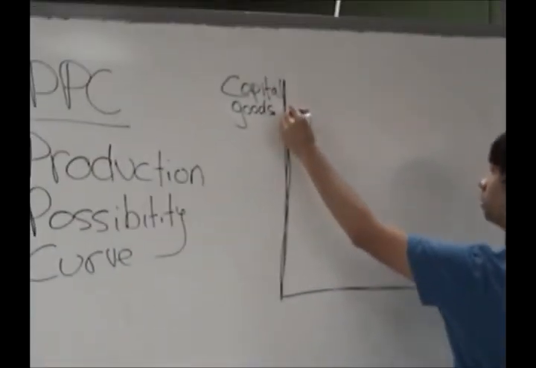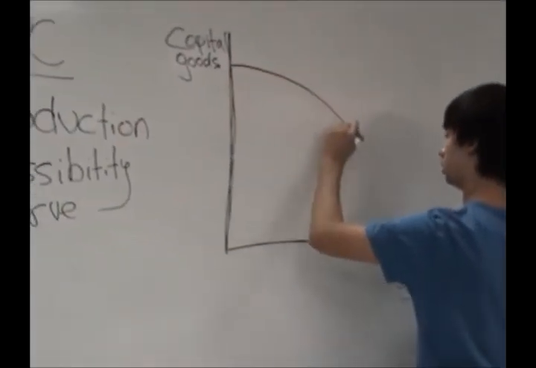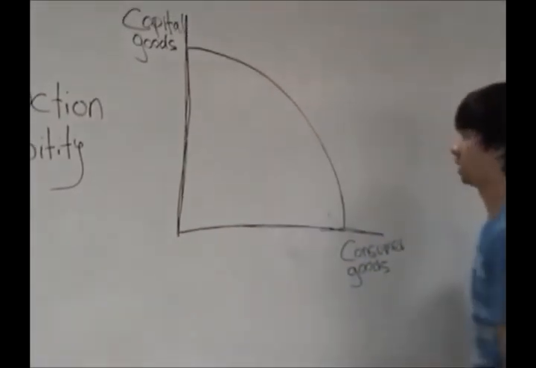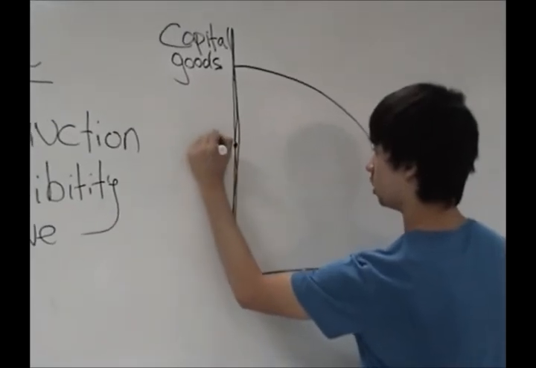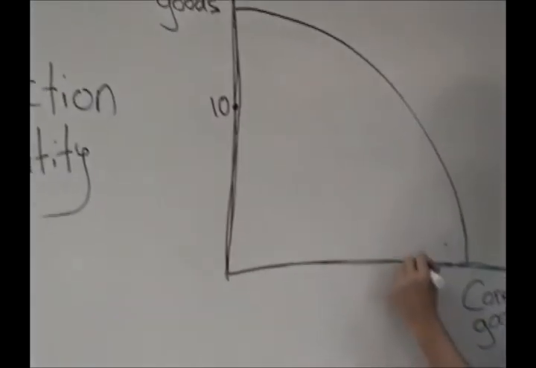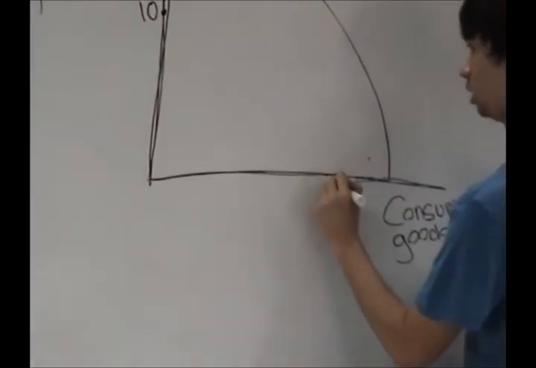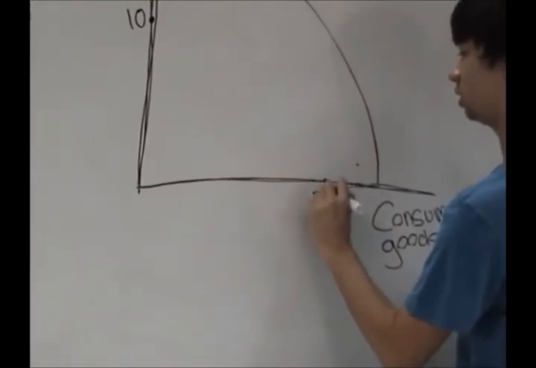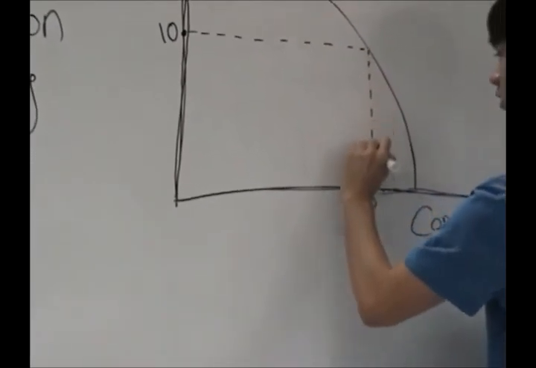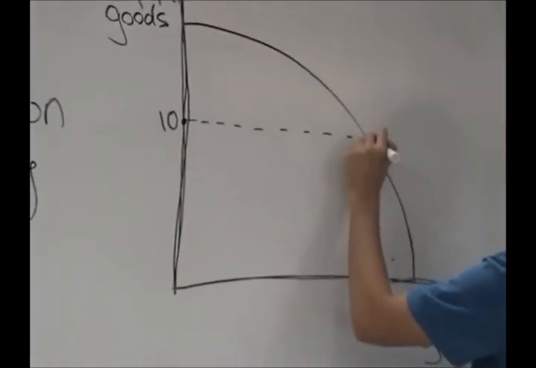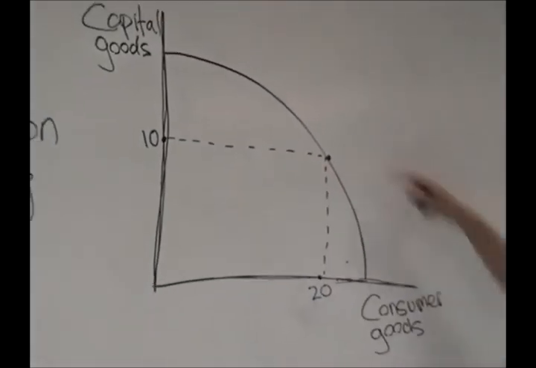And then the curve was something like this. And let's say a country can produce 10 of this good, 20 of this good. And it produces at the point right there.